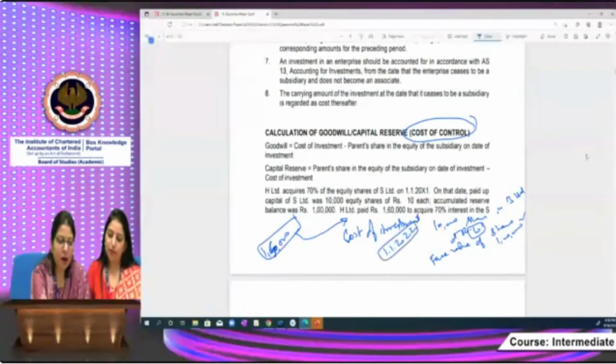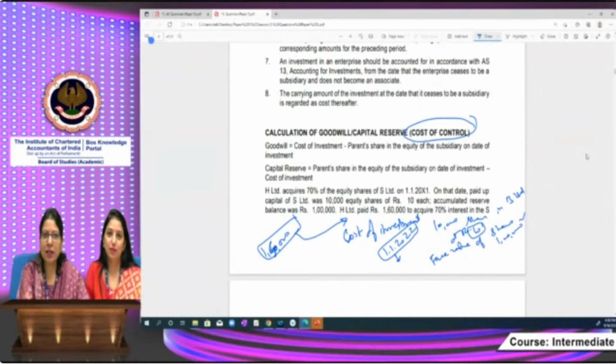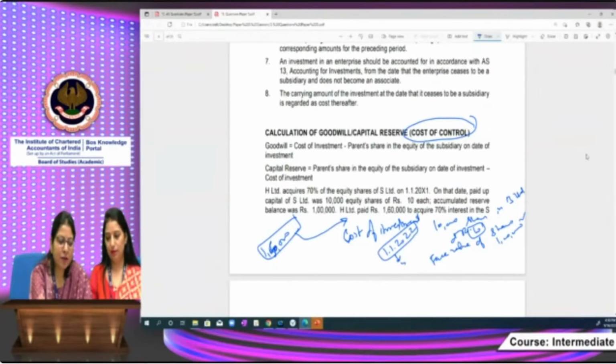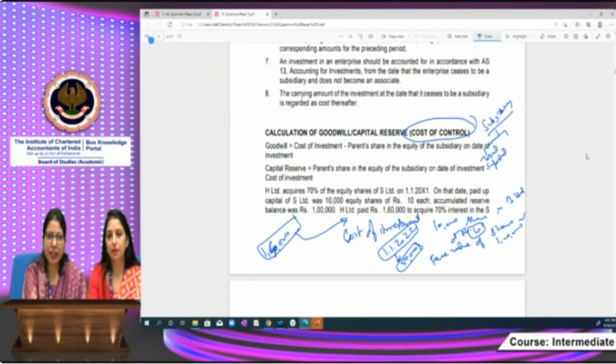on 1/1/2022, on this particular date, the profit and loss account balance and general reserve balance of the subsidiary company was 50,000 in total. So first of all, I have to see how much stake I have in the subsidiary company. I have to see the total capital of the subsidiary.